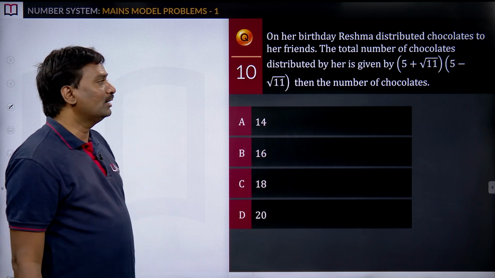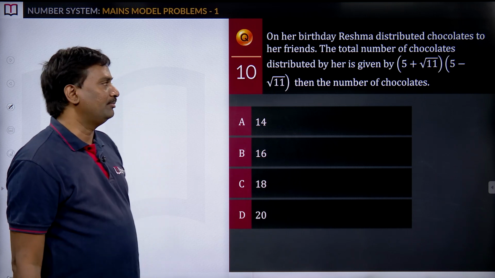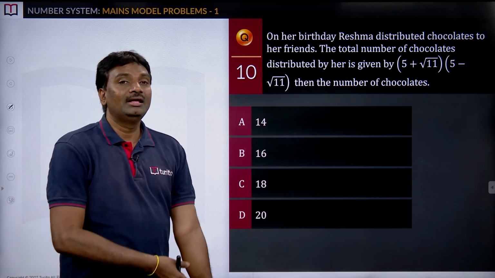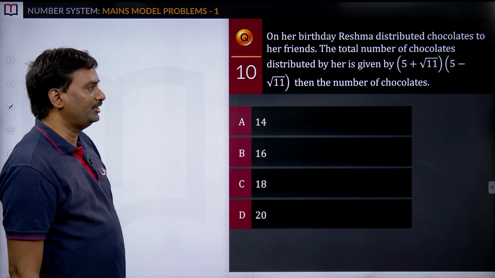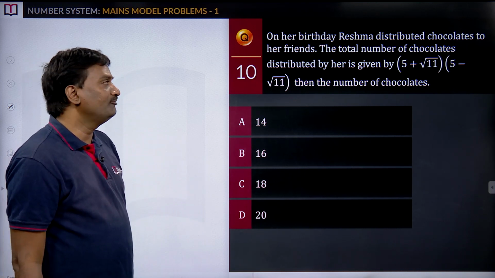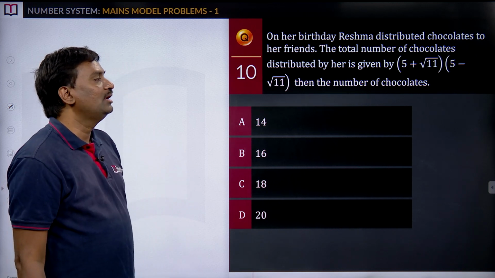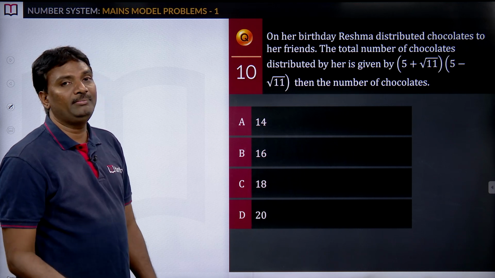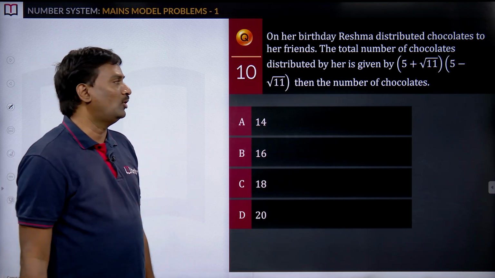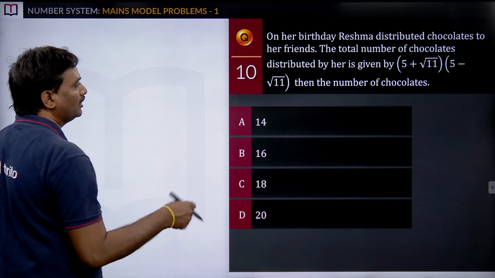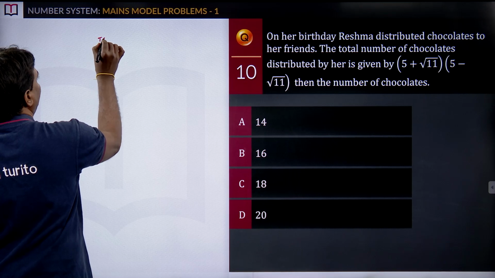Then the number of chocolates is 14, 16, 18, or 20. We have to find the total number of chocolates, which is equal to the total number distributed by Reshma.